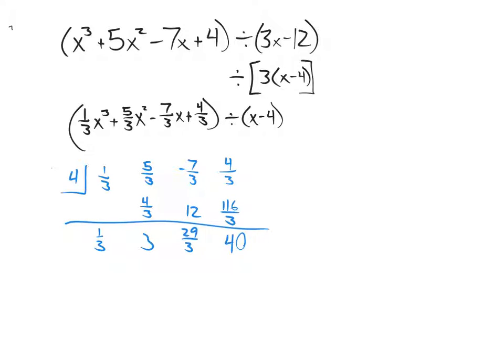That works out. Okay? So what you end up with here is 1/3 x squared plus 3x plus 29/3, plus 40 over x minus 4. Okay? So that works.